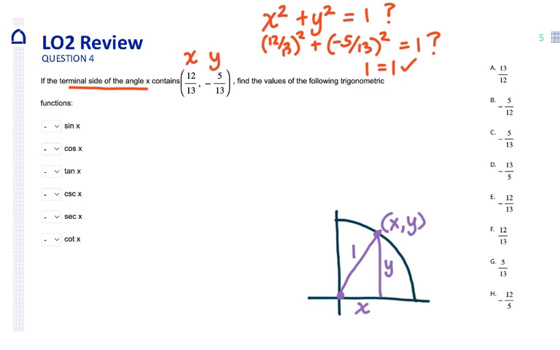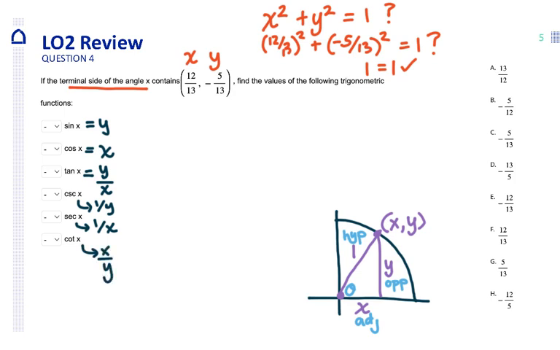And it turns out that using this reference angle, this being the adjacent side, this being the opposite side, and 1 being the hypotenuse, the sine is just y, the cosine is just x, the tan is just y over x, and the cosecant is 1 over y, the secant is 1 over x, and the cotangent is x over y. And now that we know what all those values are, we can plug them in.